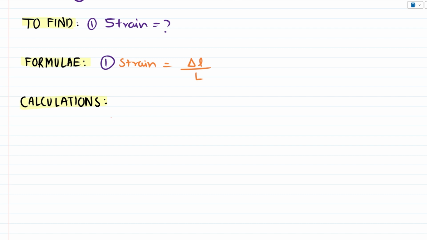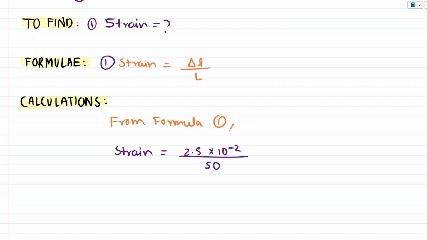So calculation में our first statement is from formula number 1, which is the formula to calculate strain. So by this formula, I can say strain is said to be delta L ka value, that is 2.5 into 10 raised to minus 2 meters divided by the L ka value, that is 50 meters. Now we can do some preliminary cancellations. 2.5 ones are, 2.5 20s are.